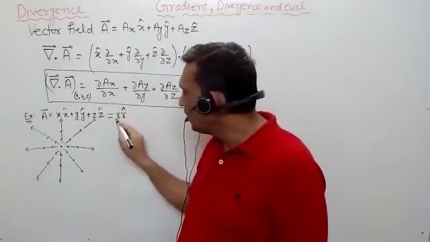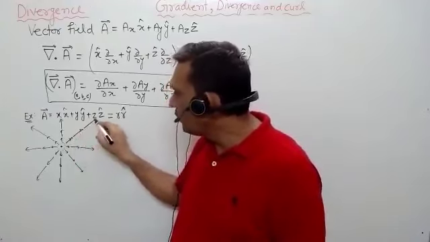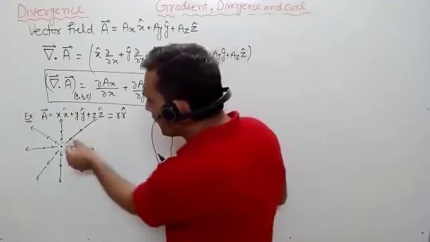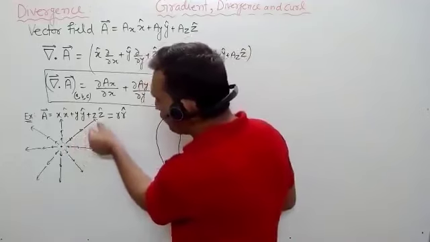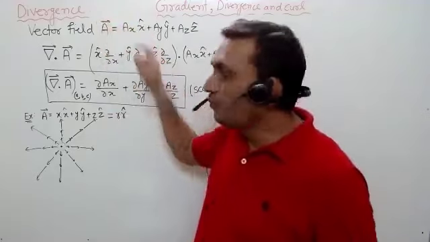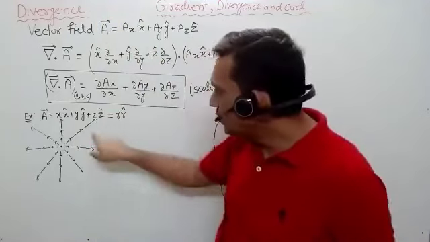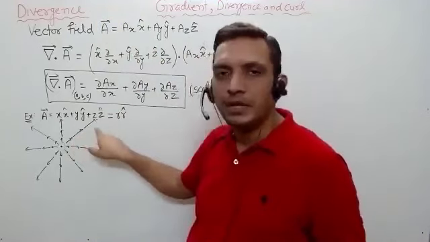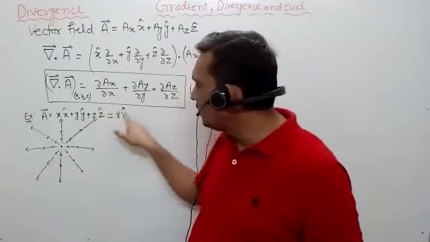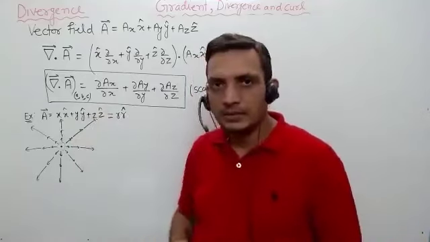It means at different points, the magnitude of the vector is different. When r is 1, let's take this as 1 magnitude, then I have taken it as 2 magnitude, then 3 magnitude, because this vector depends on r. For each point, a vector field is associated, so for each point you have to represent the vector field. I have shown it by increasing magnitude, because as r increases, the magnitude of the vector is increasing. So this is the first case.